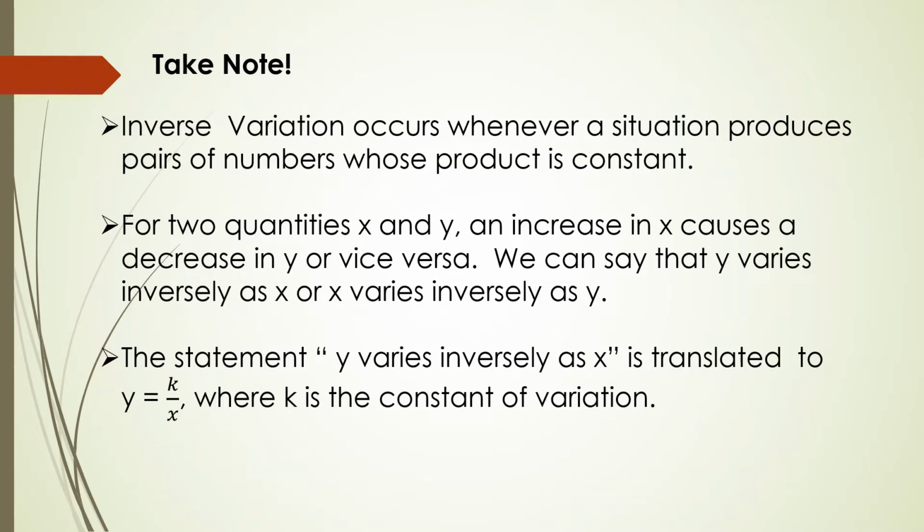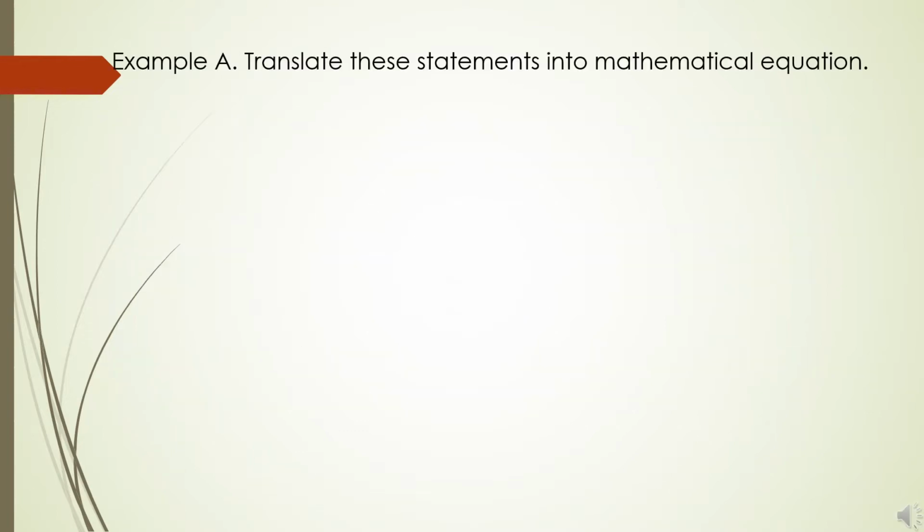So we can say that y varies inversely as x, or x varies inversely as y. The statement y varies inversely as x is translated to y equals k over x, where k is the constant of variation. Let's translate these statements into mathematical equations.